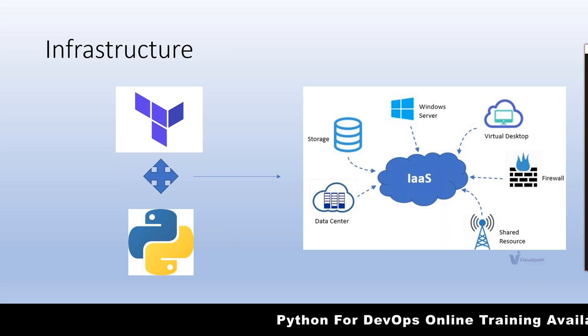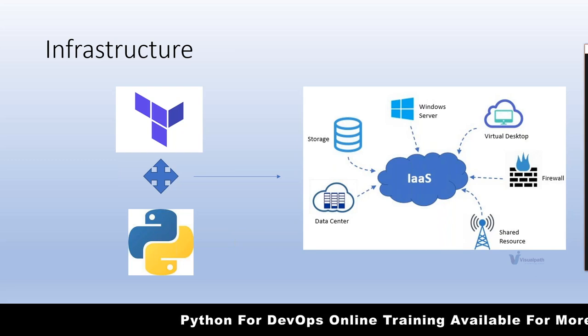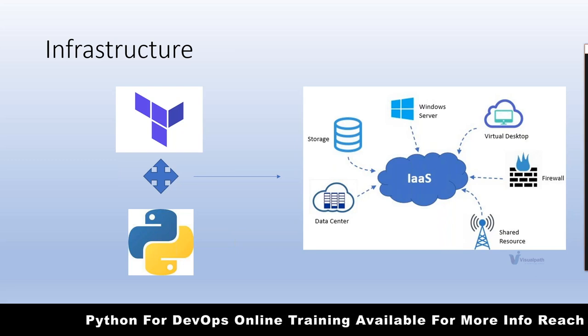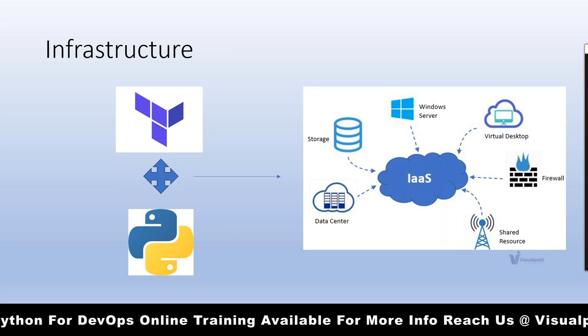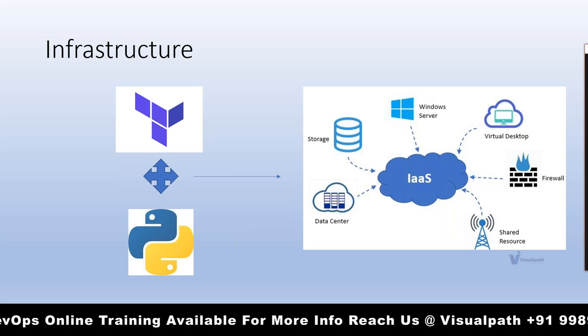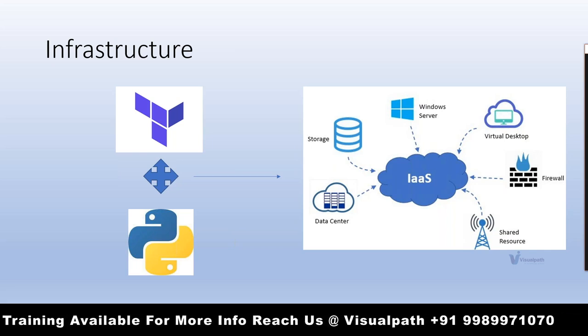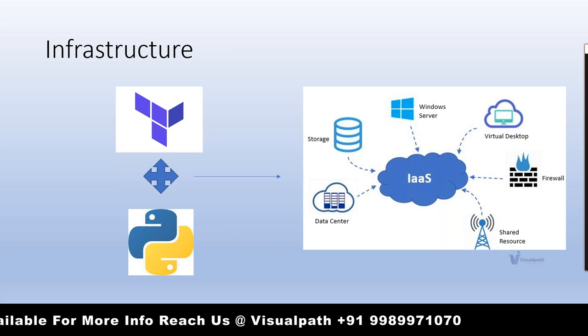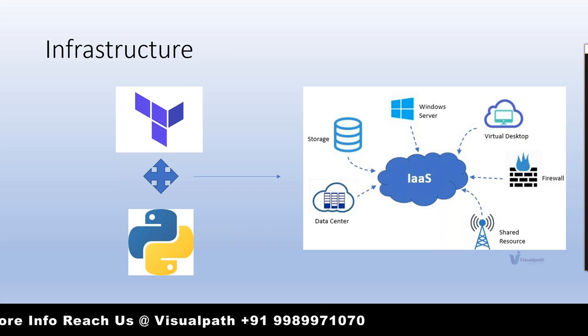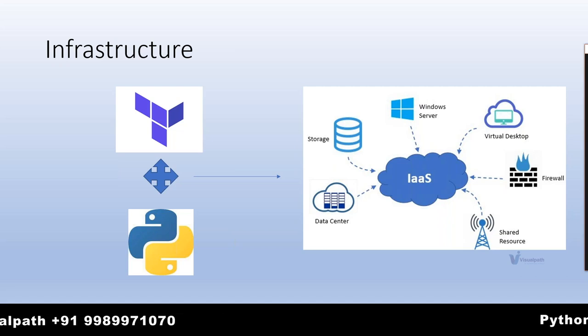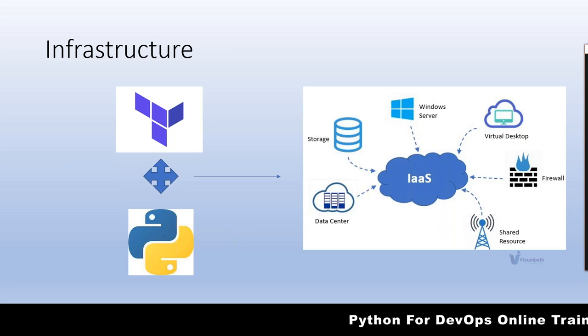All such things I have kept in the curriculum. Once you go through the curriculum, you may get a glimpse of what all we will go through. And I have picked everything which is utilized by most of the organizations. So that is how our Python with DevOps would be.